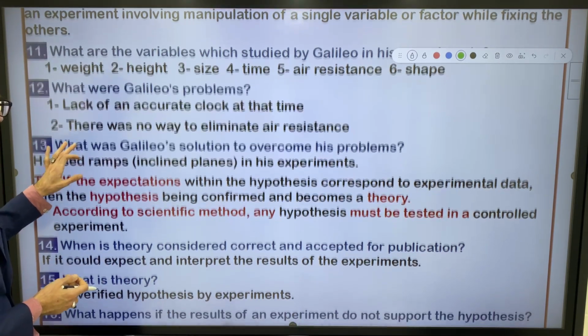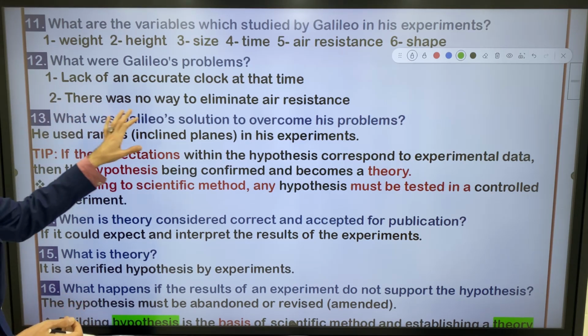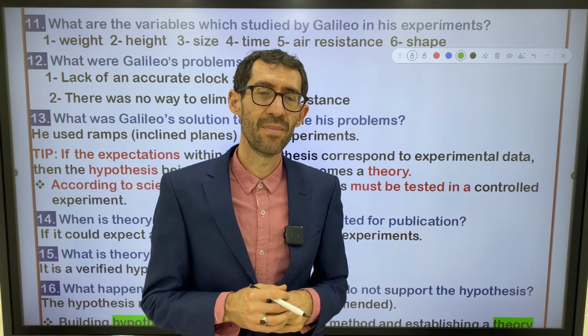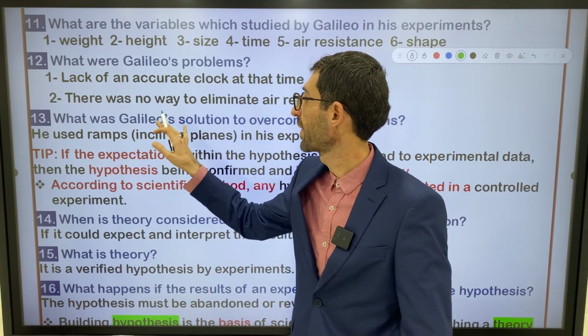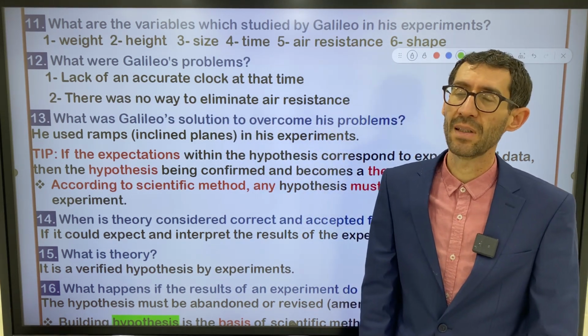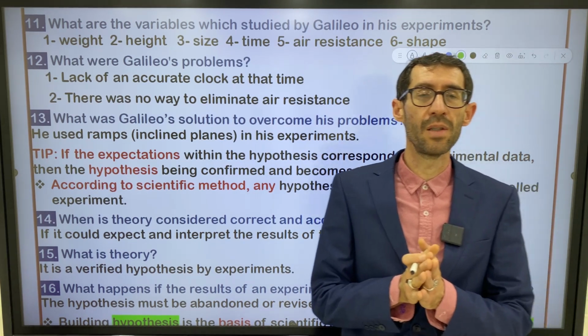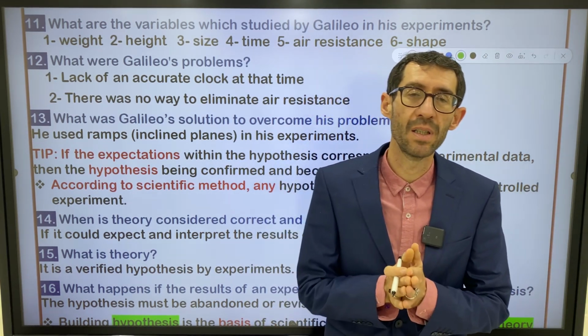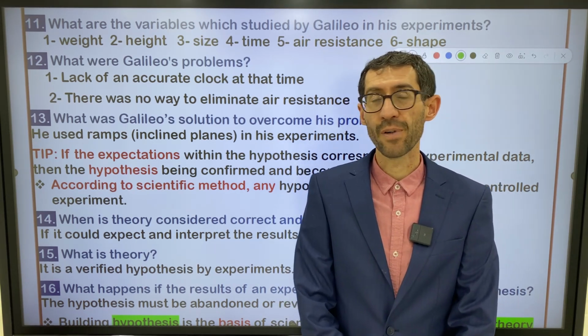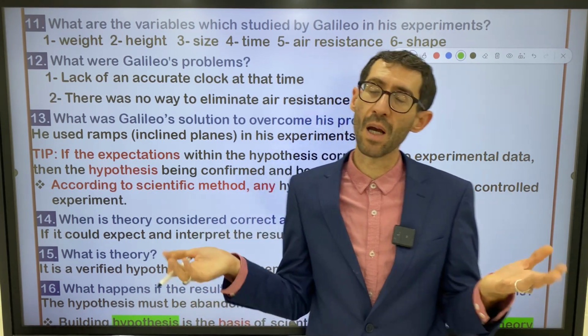The second problem of Galilei: there was no way to eliminate air resistance. I explained that in advance. I told you we need a vacuum chamber in order to test, for example, the velocity of falling objects.